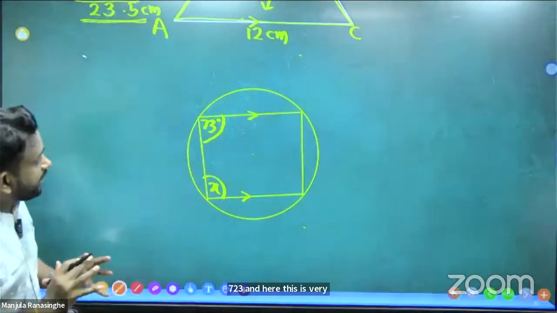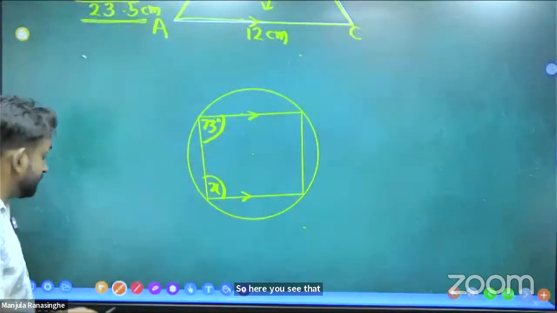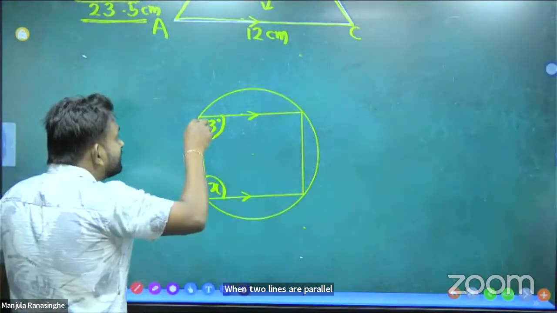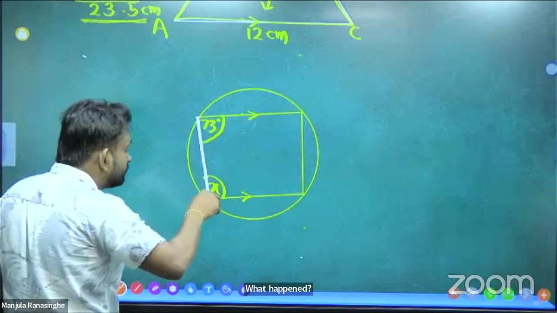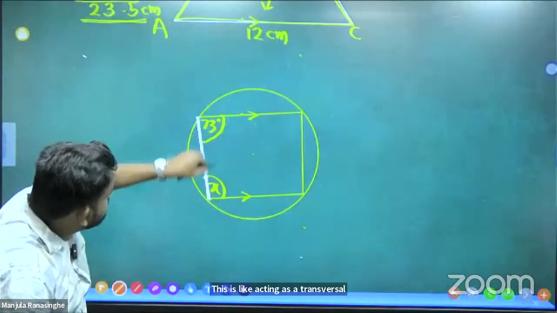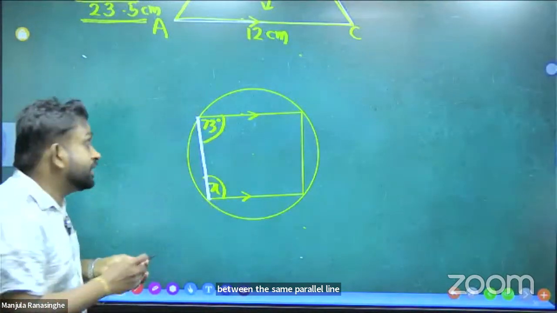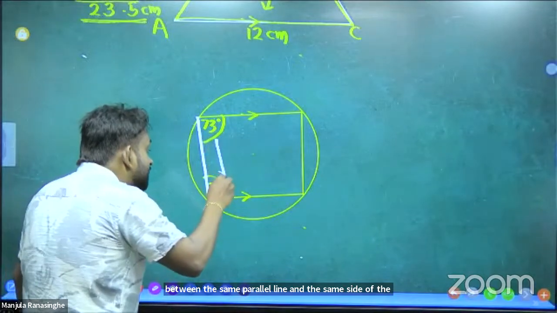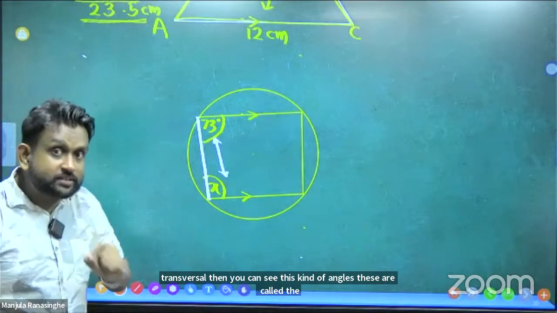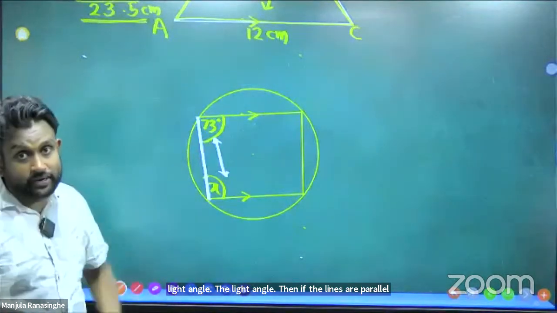So here you see that two lines are parallel, right? When two lines are parallel, what happens? This is acting like a transversal. Between the same parallel lines, on the same side of the transversal, you can see this kind of angles. These are called allied angles. If the lines are parallel, the sum of the allied angles becomes 180.